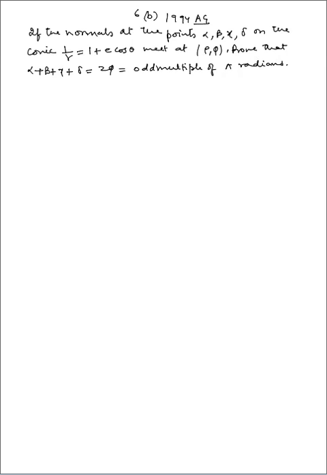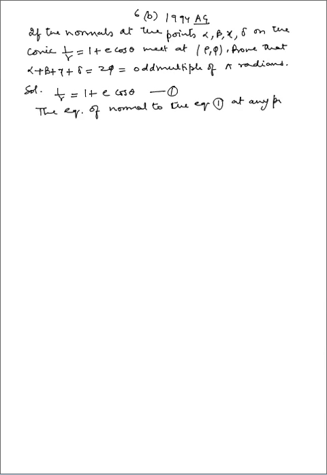So the solution is 1 upon r is equal to 1 plus e cos theta. This is the given conic equation. The equation of the normal to the conic, that is to equation 1, at any point lambda on it is l e sin lambda upon 1 plus e cos lambda.